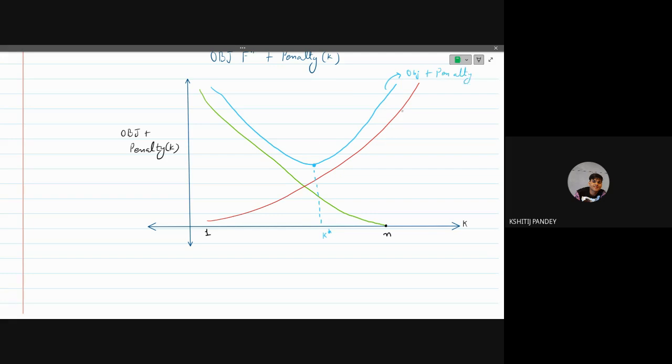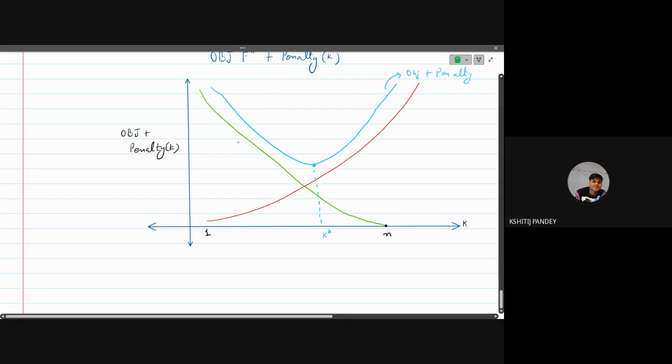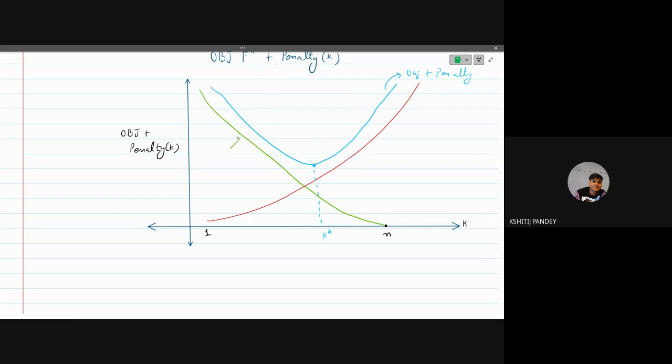Your green curve is for your objective function, and this red curve is for your penalty function. So this was about your choice of k. Is this clear? Yes.